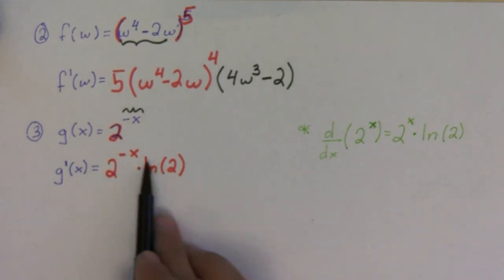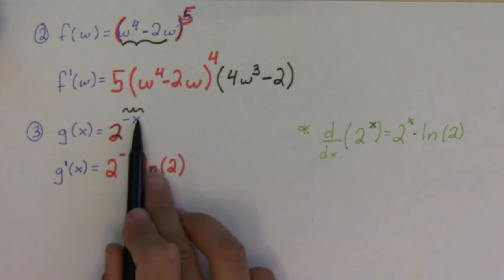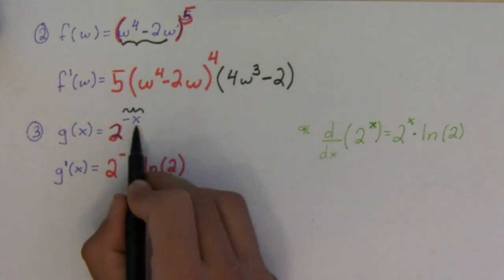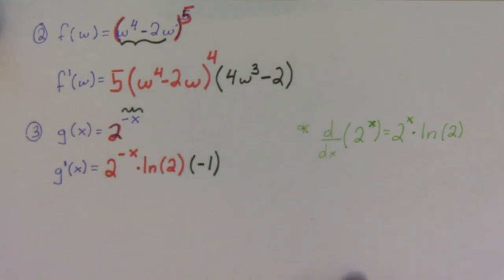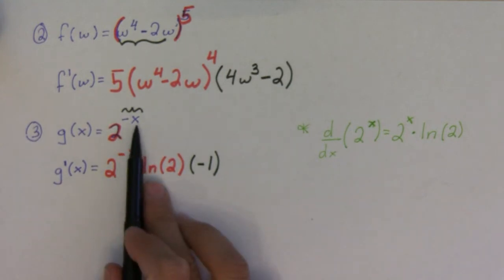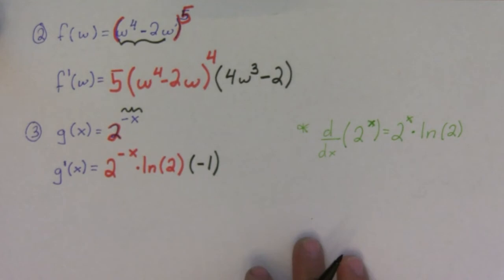Now that's the derivative of that, but then we have to go inside and get the derivative of the inside, which is negative x, so the derivative of negative x is negative 1. And you would do this if this negative x would have been anything else as well. And we'll do some harder examples with this type of a function in a little bit.